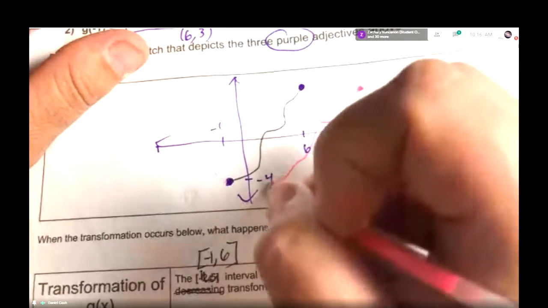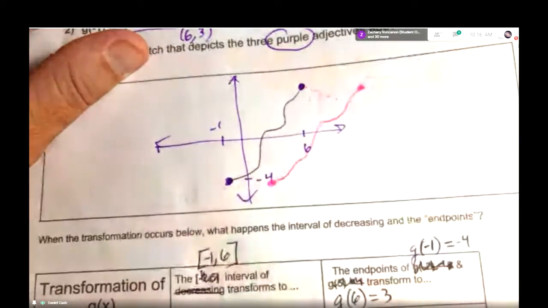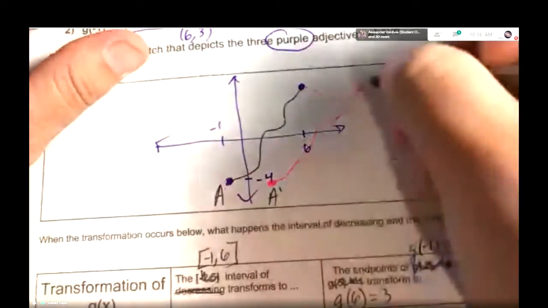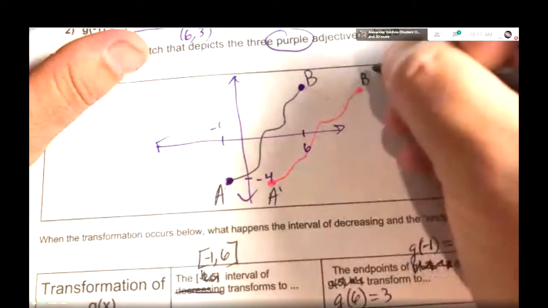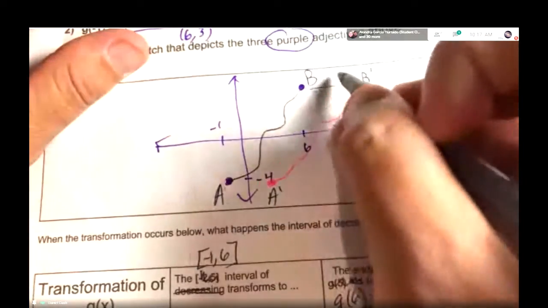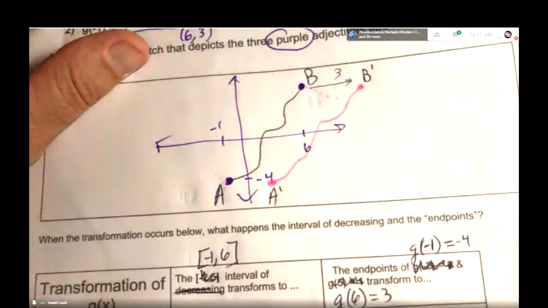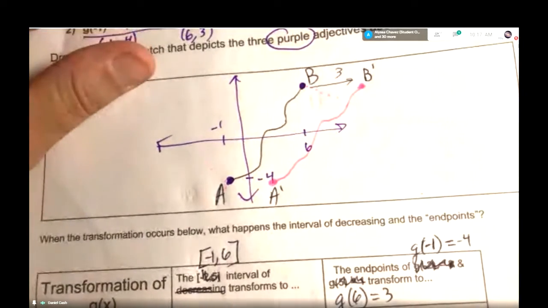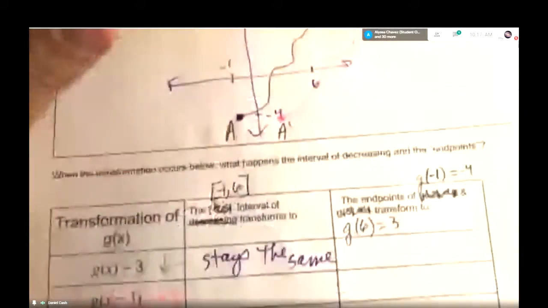So this point here would move 3 units to the right. I'm going to call that A. This would be A ticky mark. And if we call this B, this would be B ticky mark. So if it got moved 3 units to the right, the y value did not change, only the x, because it's sliding to the right.